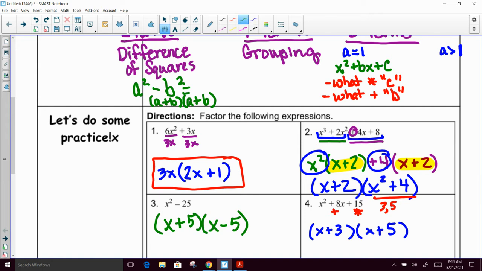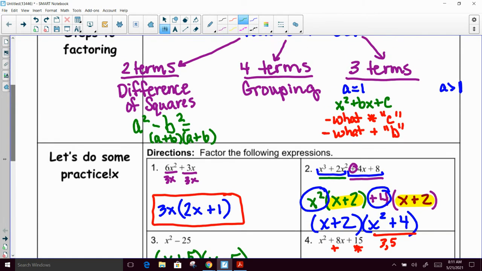All right, back up to this little review section. What happens when a is greater than 1? So if you've got an a value out in front that is greater than 1. Okay, so we're still looking at ax squared plus bx plus c. This is where we multiplied to find AC. So when the A value out in front was something other than 1, we had to multiply the A value and the C value together.